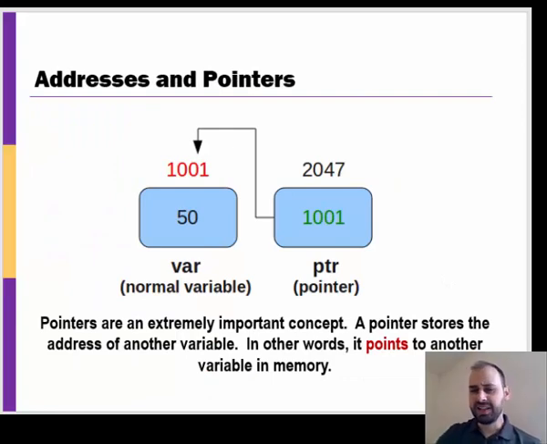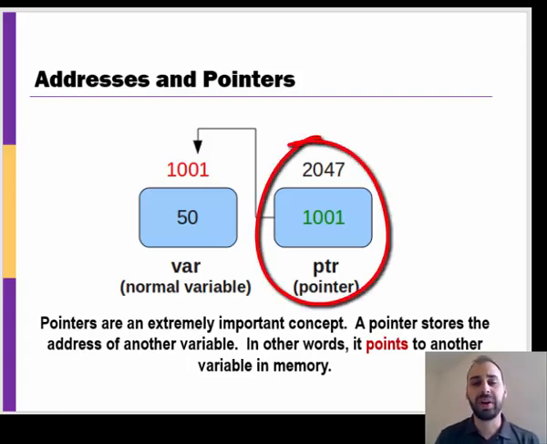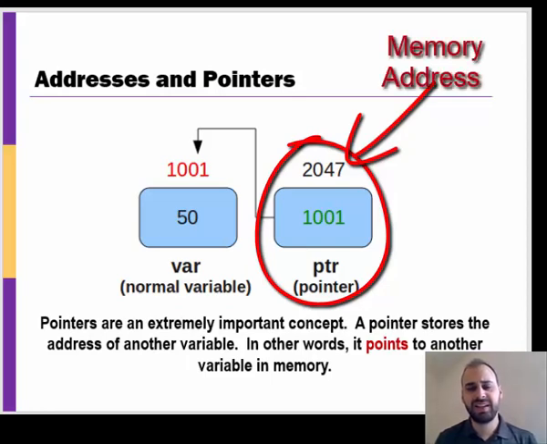Let's take that analogy and pull it apart a bit and look at how it relates to when we're actually trying to implement something. On the right-hand side, we have a variable called ptr, our pointer variable. This pointer resides at a physical location, which is a memory address, listed here as 2047.